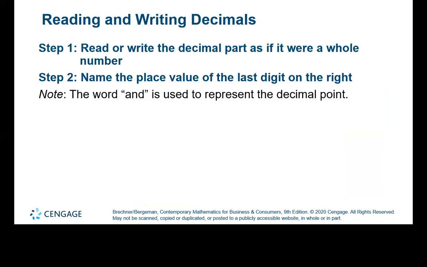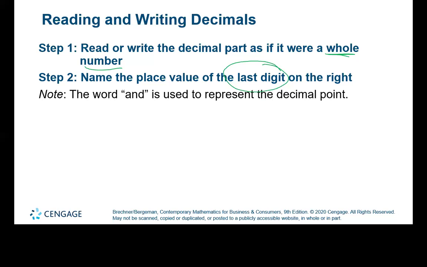Okay, so let's look at how to read and write a decimal. Step 1, you're going to read or write the decimal part as if it were a whole number, okay? And then name the place value of the last digit on the right.